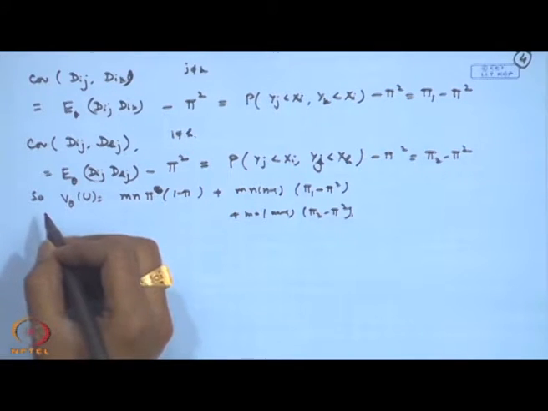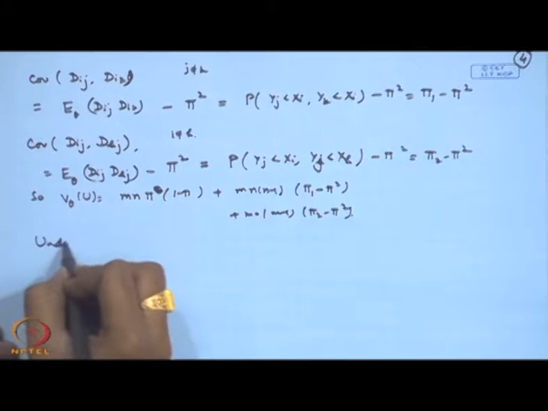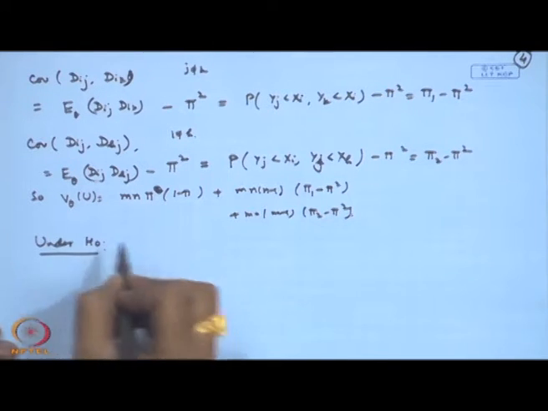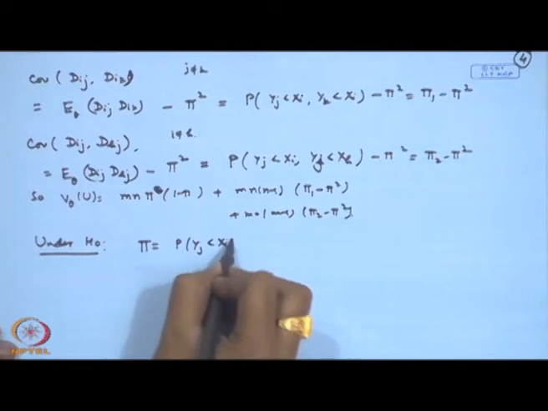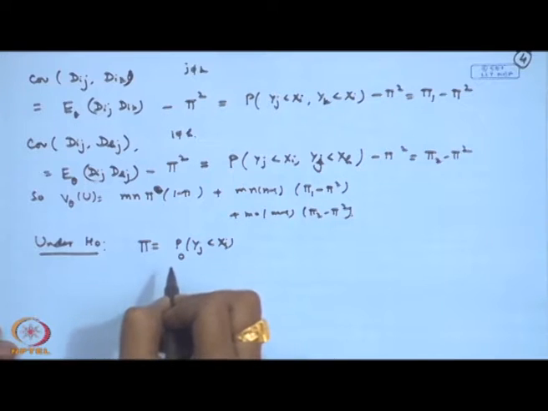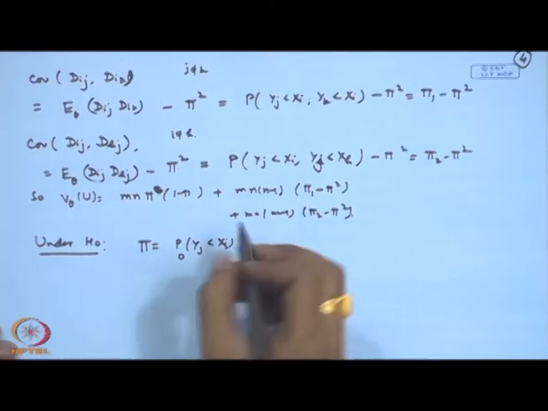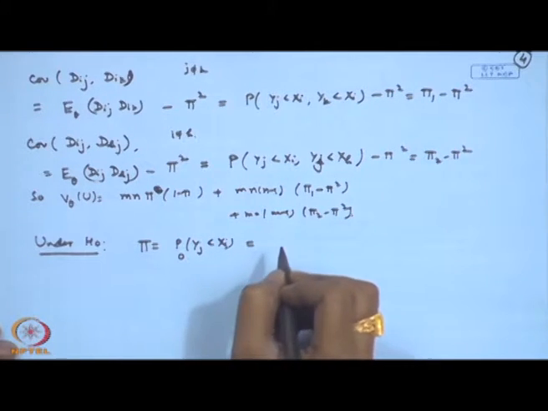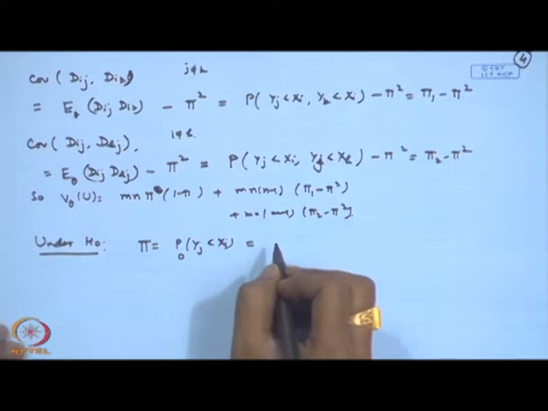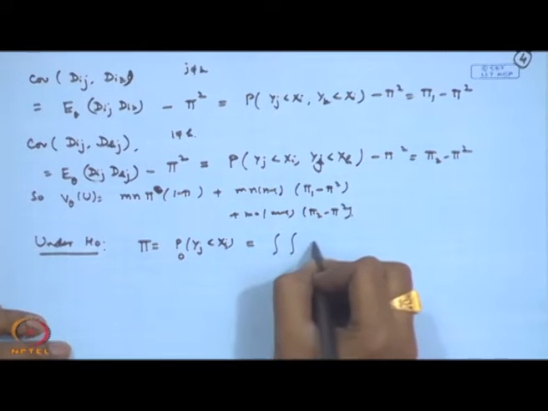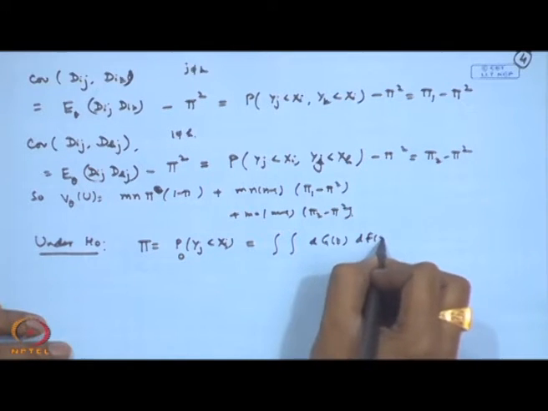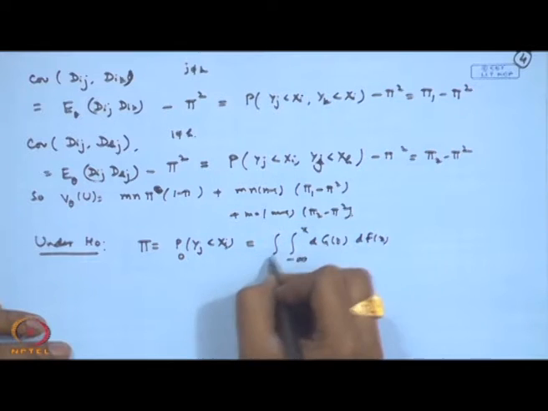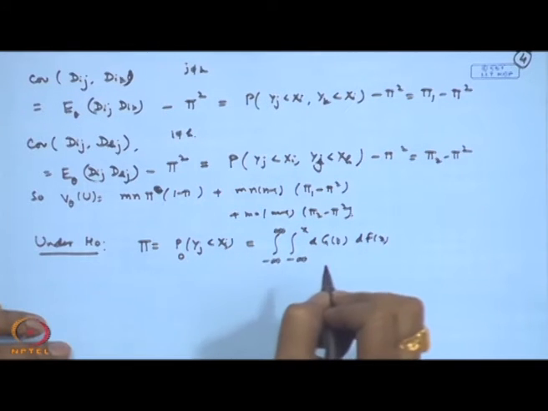Now, let us also see what these values are under H naught. Under H naught, what happens to pi? That is the probability of y j less than x i. That will be simply equal to half, because this is becoming the integral from minus infinity to infinity of d G y d F x.